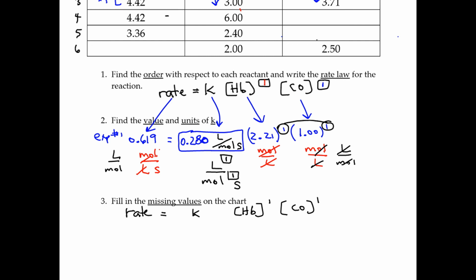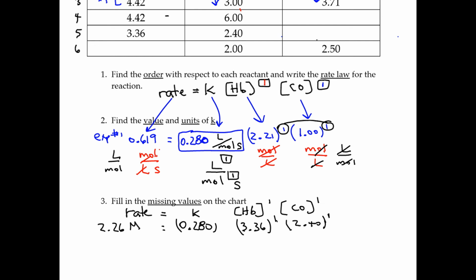Actually, I'm going to do experiment 5. So for experiment 5, we're going to have these two right here. I'm going to put 3.36 for the hemoglobin raised to the first, times 2.40 raised to the first, and the K we already found out was 0.280, and that's going to give us our rate, which is 2.26.